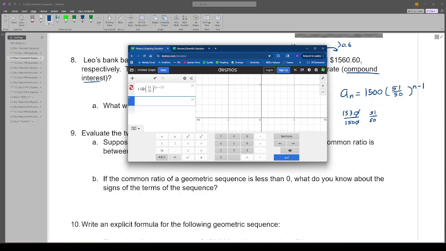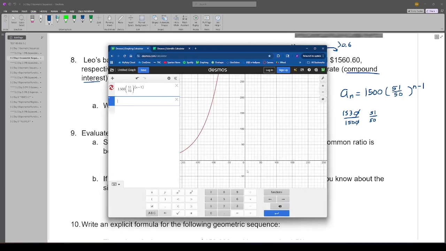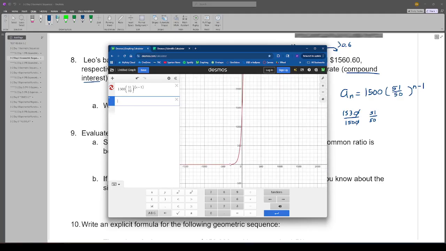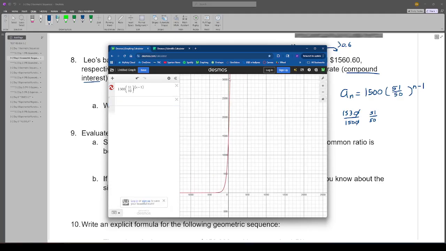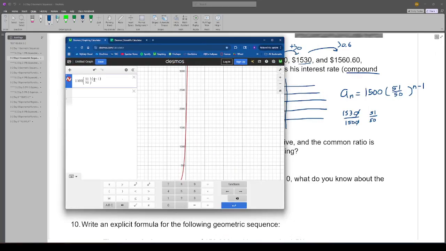And we end up, since our y-intercept, or our initial value is 1500, our term number 1, we're going to have to zoom way out in order to see this curve. So here's our curve. It looks like this, but we don't need all of that. We just need specific values. In this case, we want Leo's balance after 6 months, so we can replace x with 6, and we can find the value as 1656.12.